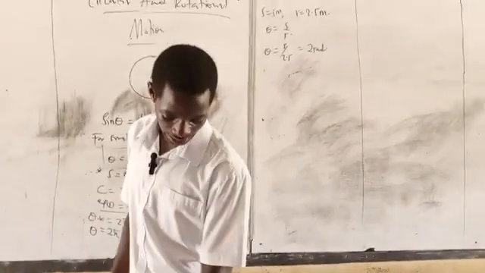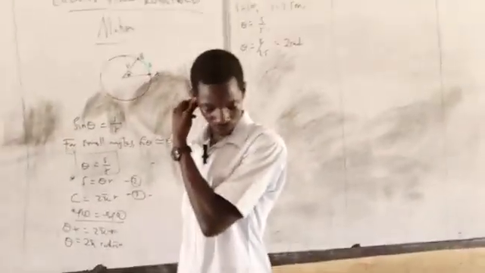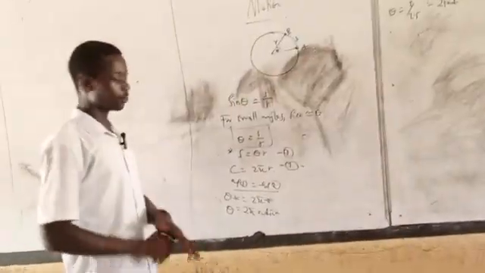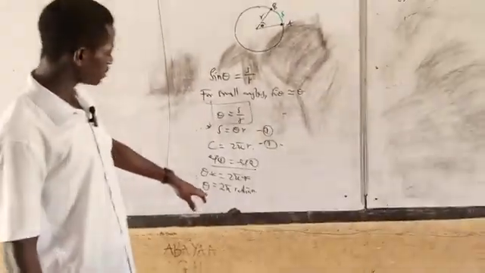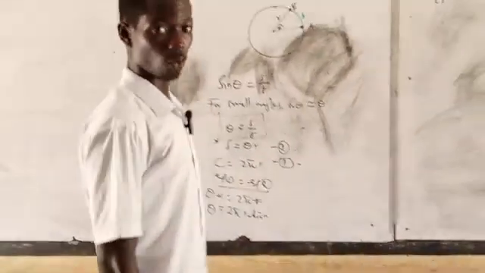Good. Let us take another last question. Now, before we take the last question, you see theta equals 2 pi radian is for one complete circle. Do you know why?